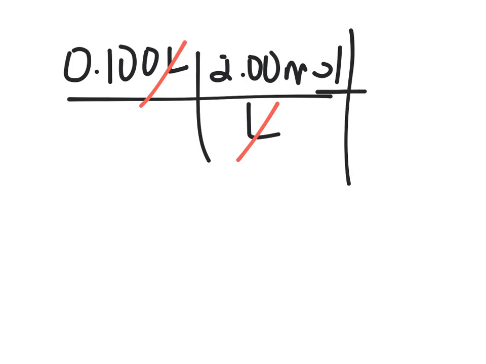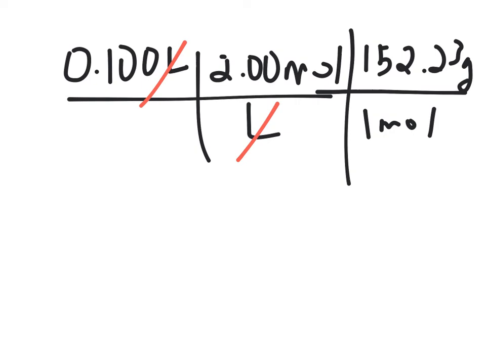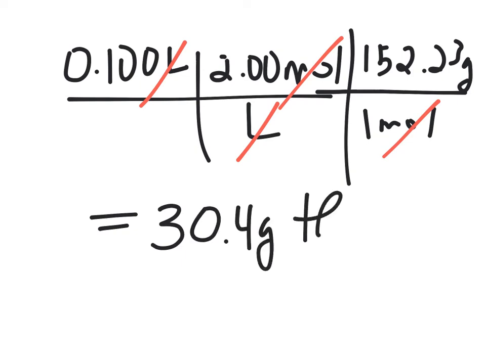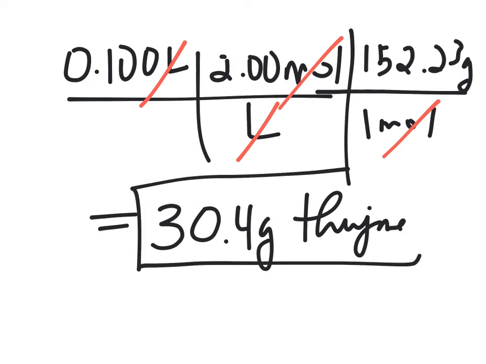But I need to weigh it out in lab, so I know that for every 1 mole that I need to weigh out, 152.23 grams. Now my moles cancel out, and if I do that math, I know that I would need to weigh out 30.4 grams of thujone. And when I dissolve it in my 100 milliliters of water, I would end up with my 2.00 moles per liter or 2 molar solution of thujone.